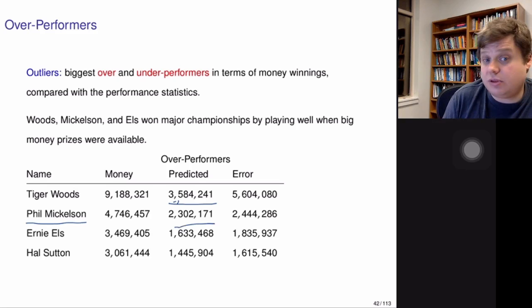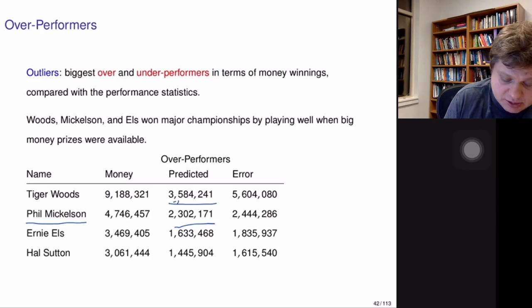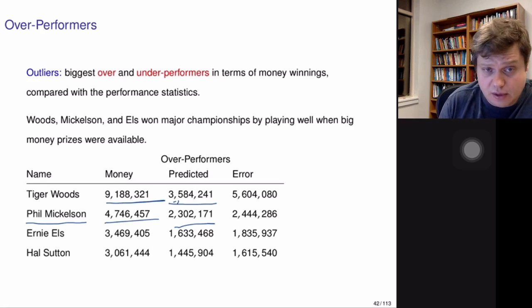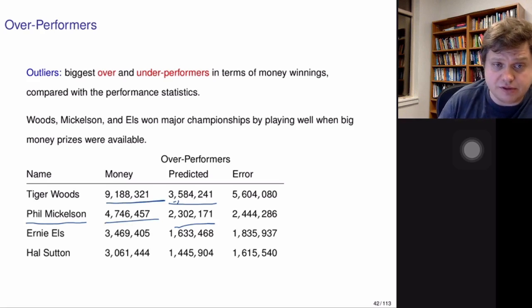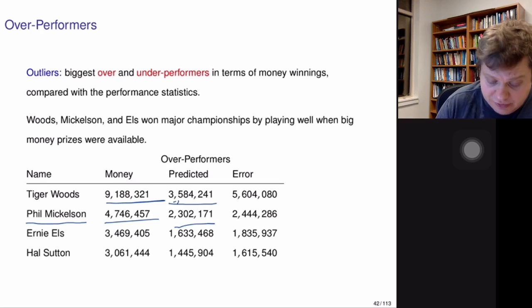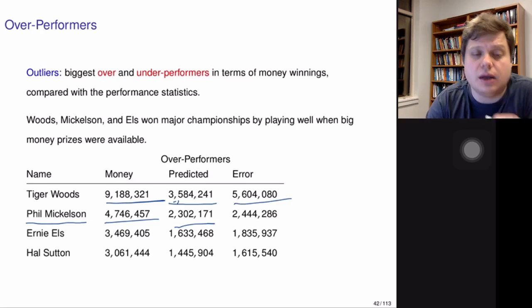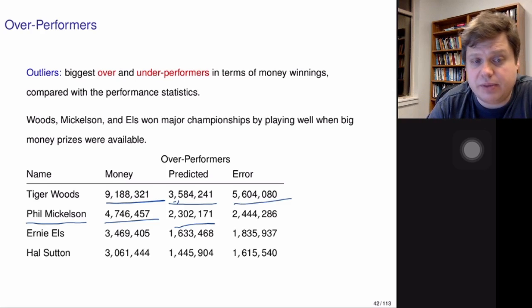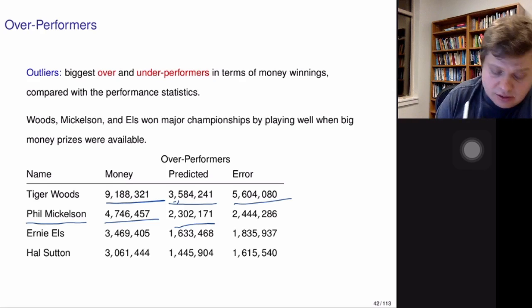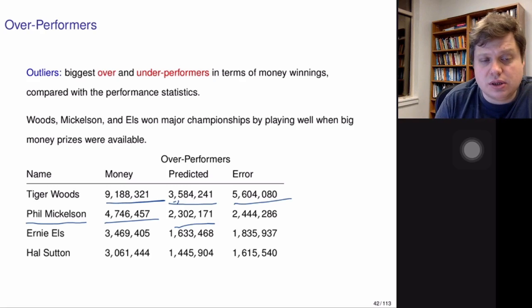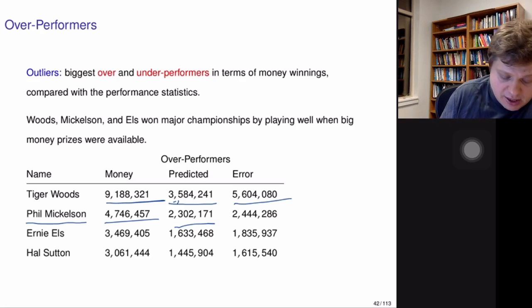So Tiger Woods shouldn't be that far away from Phil Mickelson based on technical characteristics, but in terms of money, Tiger Woods actually made more than twice as much as Phil. The error for Tiger Woods is 5.6 million, so he is far away from the average player, based on the fact that he can cope with stress and can win those high-profile events.